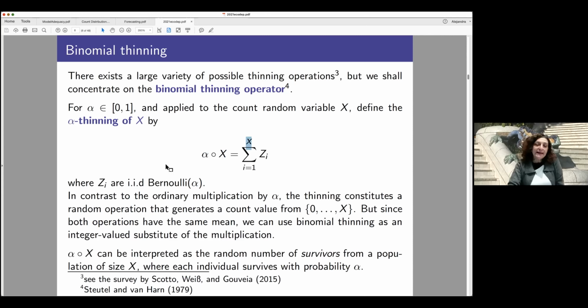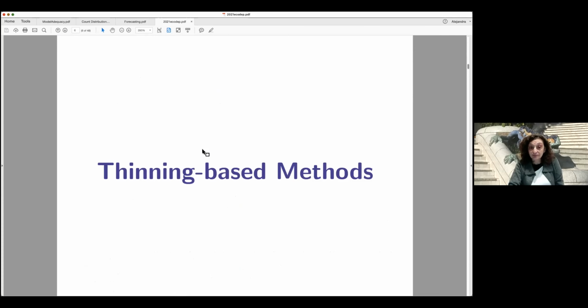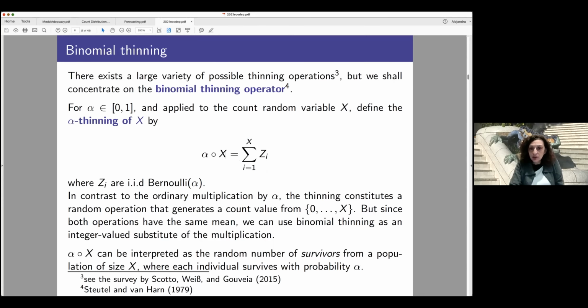This thinning operation is often interpreted as the random number of survivors from a population of size X. For each of the individuals, 1, 2, 3, 4, up to X, we flip a coin and decide whether the individual remains or doesn't remain.